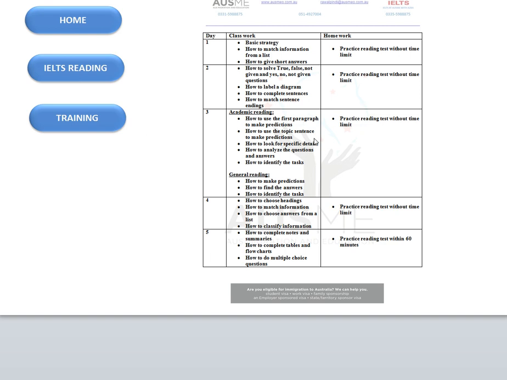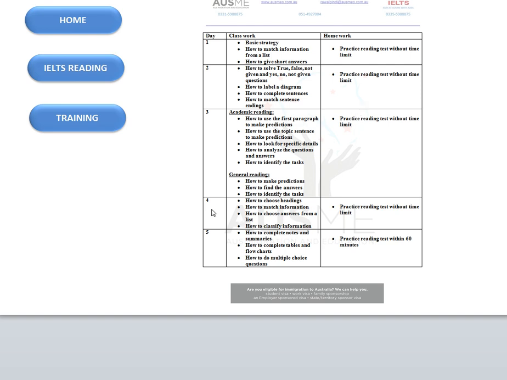And similar to listening, we always keep looking back at all the things we've taught you: are you actually able to do them in the test now after we've taught you this? For example, using the first paragraph to make predictions. Are you actually implementing it in your test while you're doing it?